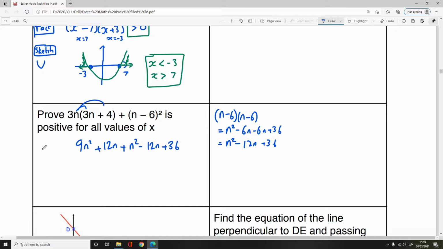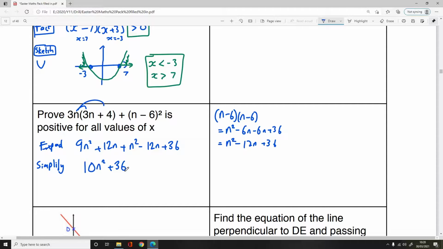And simplify. So we've done step 1, which is always expand, and then we will simplify it, which will give us 10n squared. The 12n's will cancel out, plus 36.